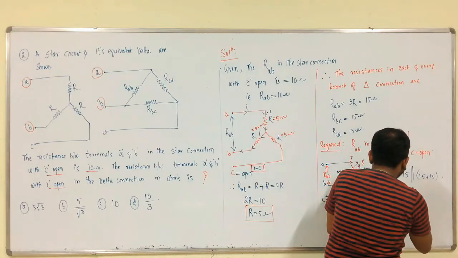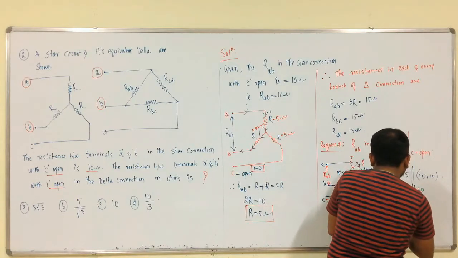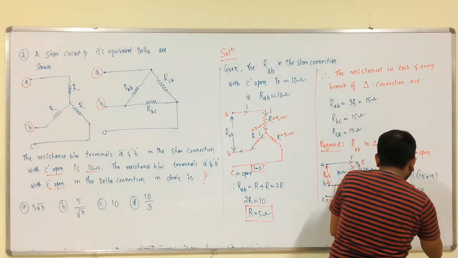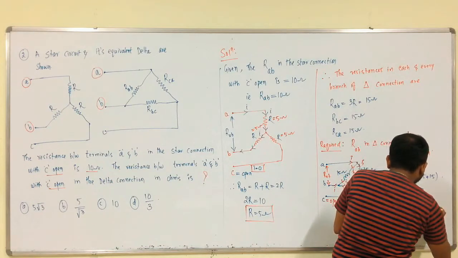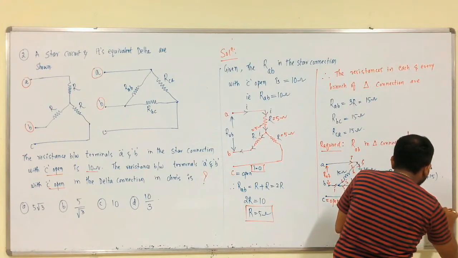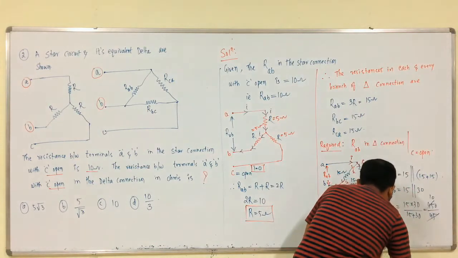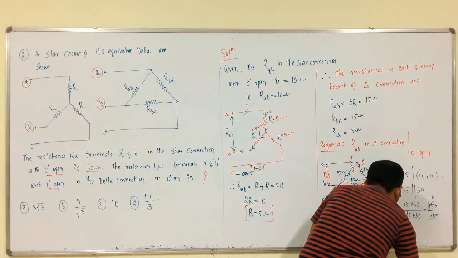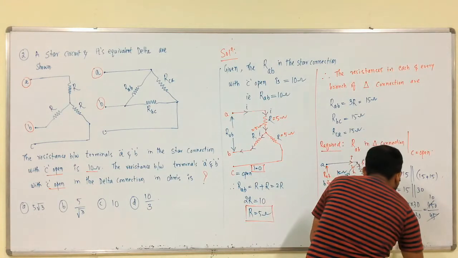Therefore, RAB is 15 parallel with 30, so RAB is equal to 15 into 30 by 15 plus 30, that is 450 by 45. Therefore, RAB is equal to 10 ohms.